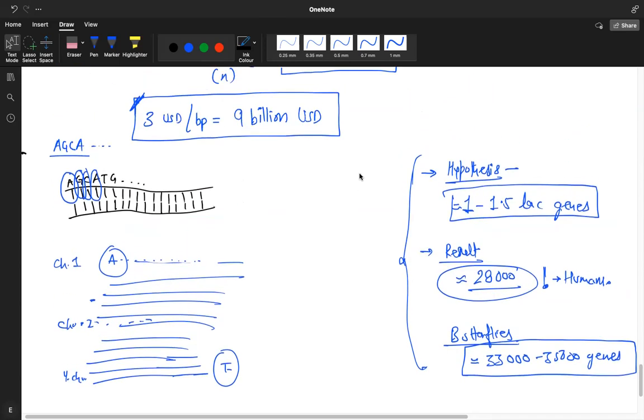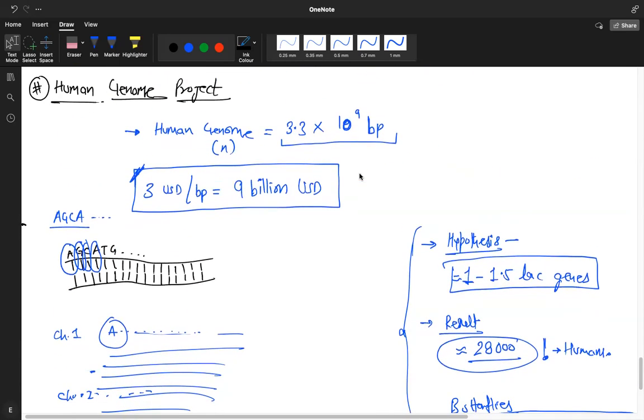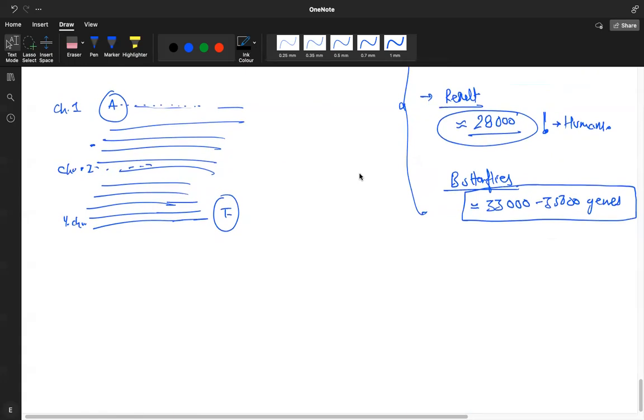Now, just to give you the context of how big this project was and how big the data that was going to be generated, it is like if you start storing it in books, let's say. Let's say you have to make a human genome book containing all the base pairs.